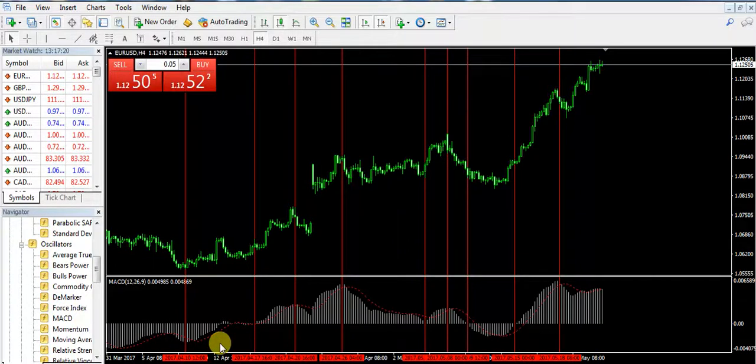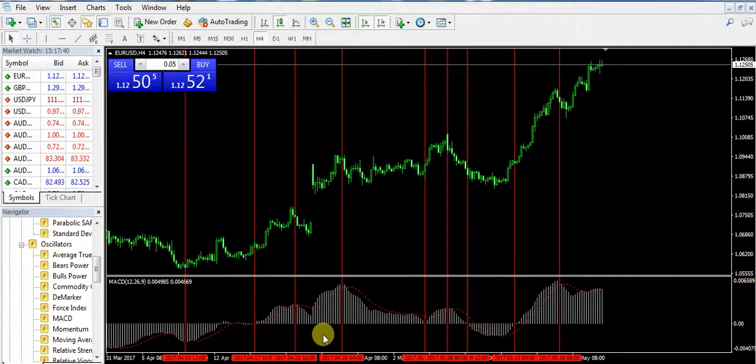We have our moving average of our MACD. We have clear troughs and clear peaks, tops, bottoms, whatever you want to call them, within our MACD itself, indicating to us that there might be a possible change.